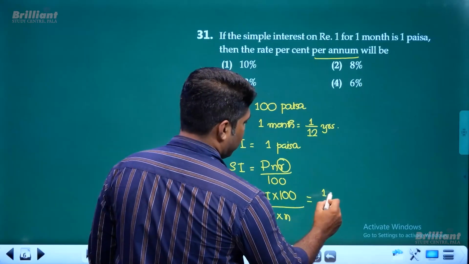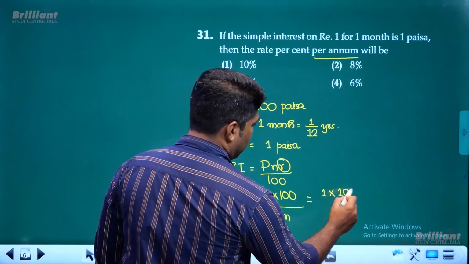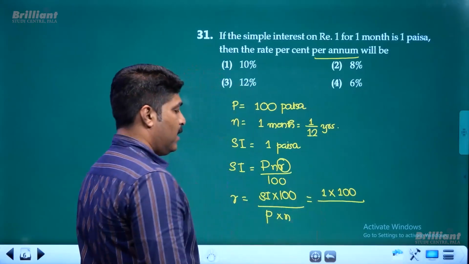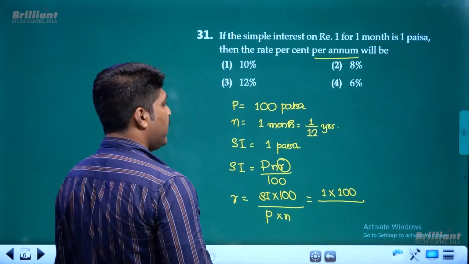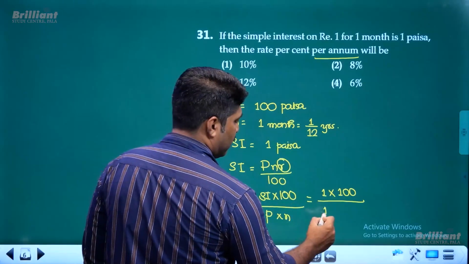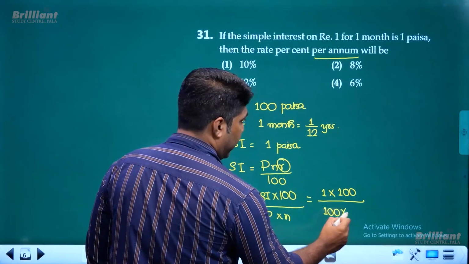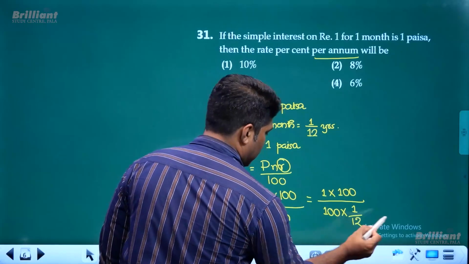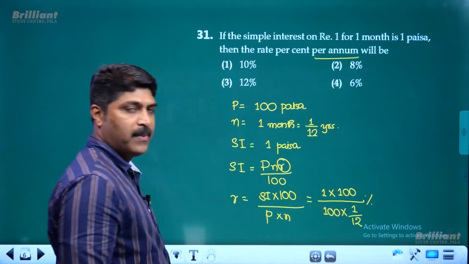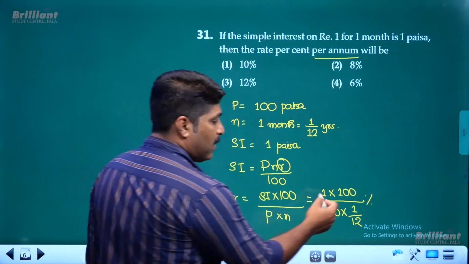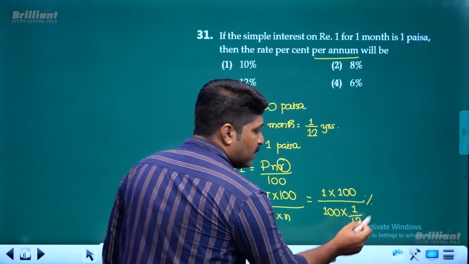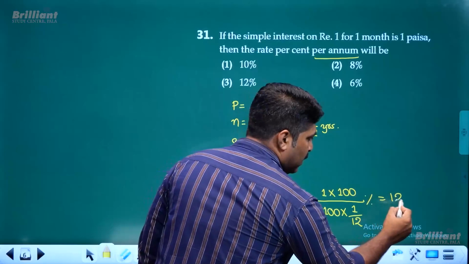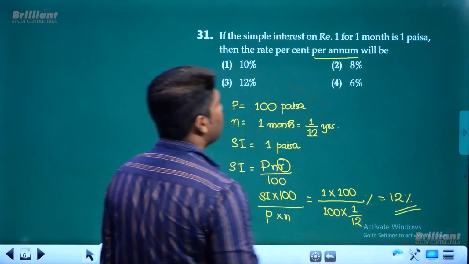Simple interest is 1 paise into 100, divided by P into N. Here the principal amount is 100 and N is 1 by 12 years. So we can cancel 100 and 100, 1 and 1. This 12 goes to the numerator. Therefore, our answer is 12%.